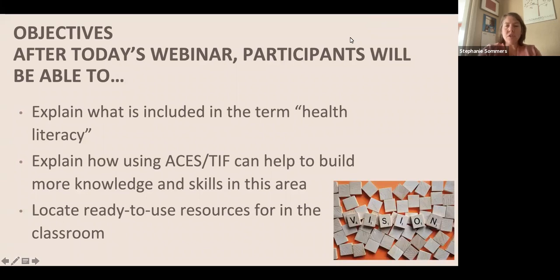We will go over what ACES TIF means in just a minute, so don't feel bad if you're sitting there going, I don't know what that means. And then we are going to locate some ready to use resources. I like to share resources that are free and that you can use in your classroom. So these are the things we'll be focusing on.